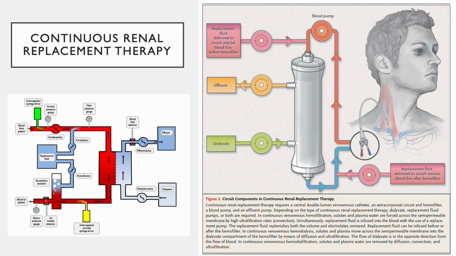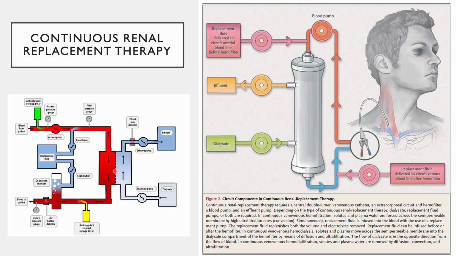In hemofiltration or ultrafiltration, solutes and plasma water are forced across a semi-permeable membrane by high UF rates with simultaneous infusion of replacement fluid with a replacement pump. And this can be given either pre-filter here or post-filter as seen here.